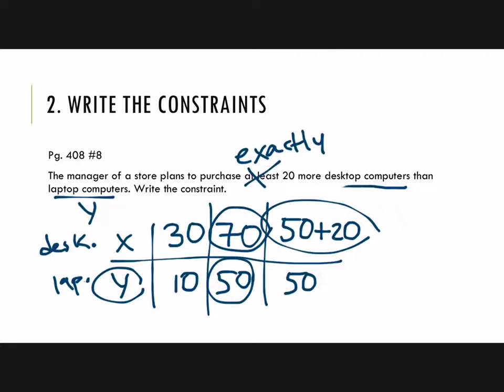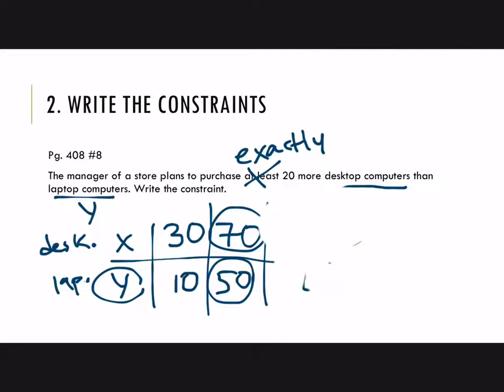Now if I write my equation, temporarily I'm just going to pretend that this is an equal sign. And so on one side, let's say I have the 70 for the desktops, and over here I have the 50 for the laptops. Well, where does the plus 20 need to go? It's got to go on this right-hand side to balance this out.